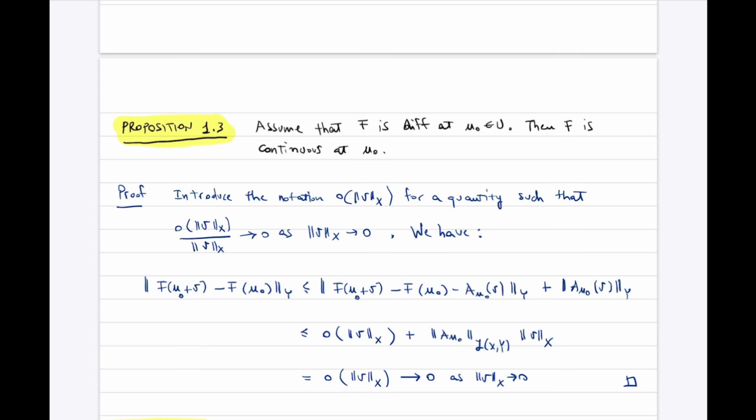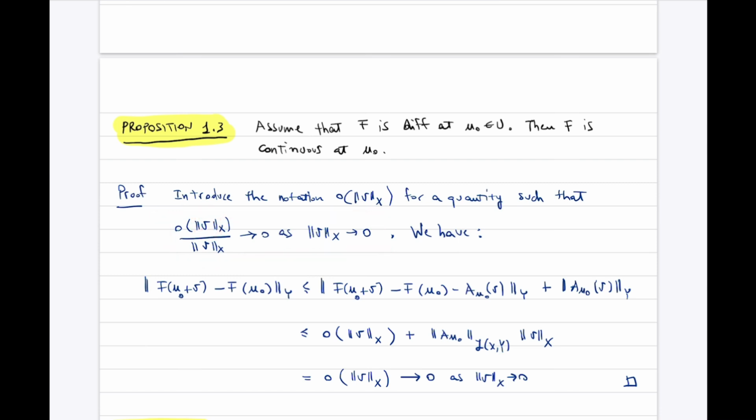Okay, so let's see. This is very simple, but let's prove it. So first of all, let's introduce this notation. We say that small o of some quantity, in this case the norm of v, norm X of v, so we say that some quantity is little o of something inside this argument if this holds. Okay, so if the quantity goes to 0 when divided by the norm of v, as v goes to 0.